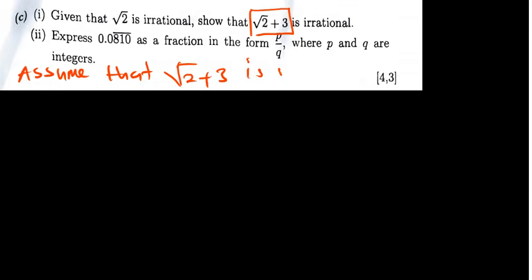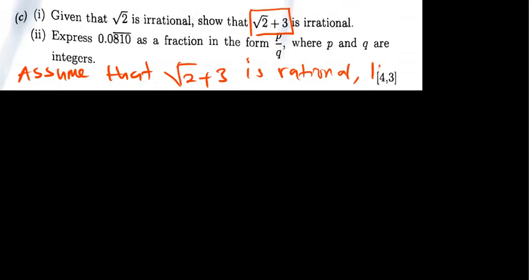Okay? So we are going to assume that this guy is rational. We know already, when we're talking about rational, we know what we're talking about. If we assume that this is rational, then we know that rational can be written in the form a over b, where b is not equal to 0. So you say, assume that the square root of 2 plus 3 is rational.